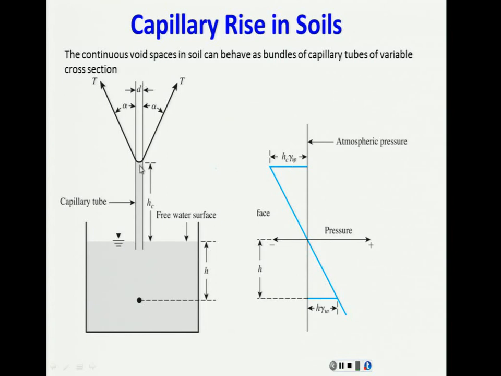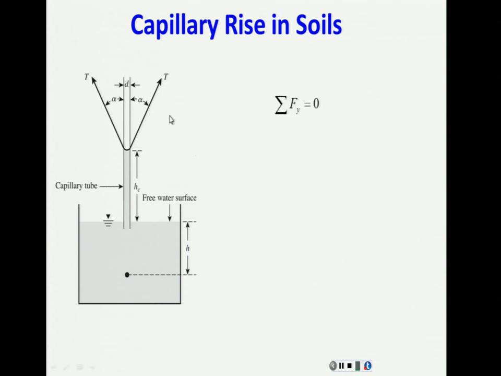And what does this have to do with soils? Because we don't have capillary tubes in soils, but we have voids in soils. And those interconnected voids can behave like capillary tubes. And that means that we can have a negative pore water pressure if we are in a capillary zone.